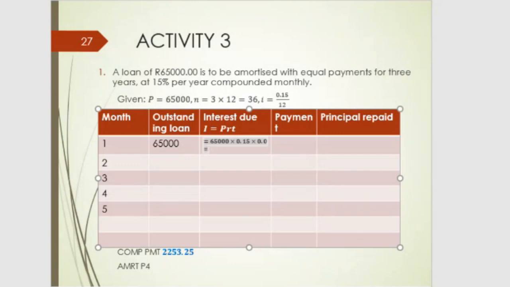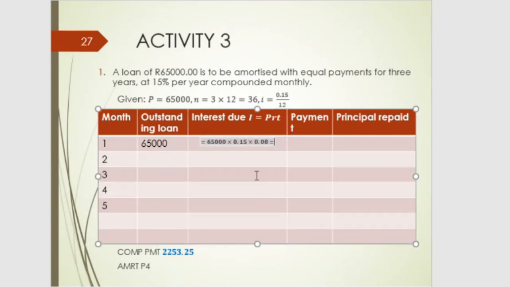65,000 multiplied by 0.15 multiplied by 0.08. For the sake of time, I think I'm getting 780. You can confirm. So here is that 2253.25. Let me copy this because we're saying it's not going to change for the duration of those 3 years.